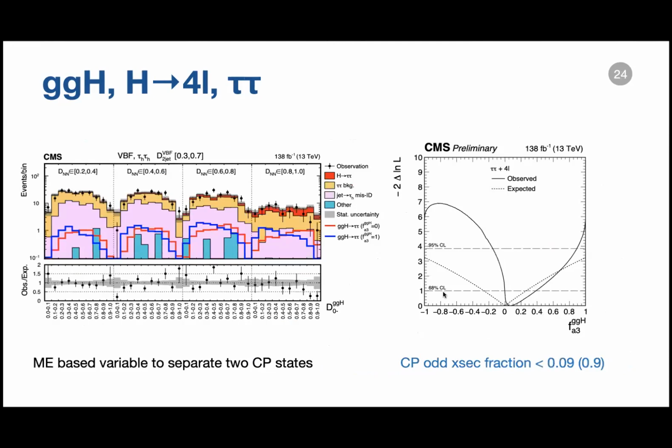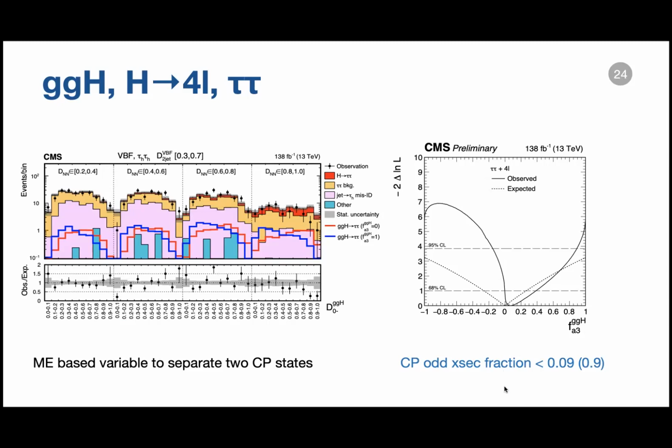And in the tau-tau analysis, as I mentioned earlier, you have to separate VBF from gluon fusion because the kinematics are quite similar and they carry different information. So in the end, the tau-tau plus four-lepton analyses constrain the CP of the Higgs-gluon fusion vertex like this.